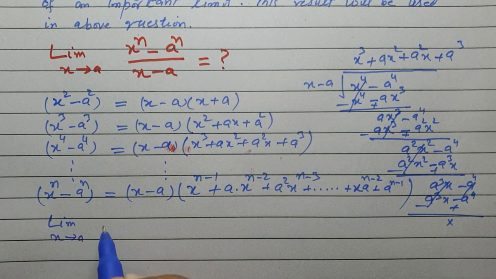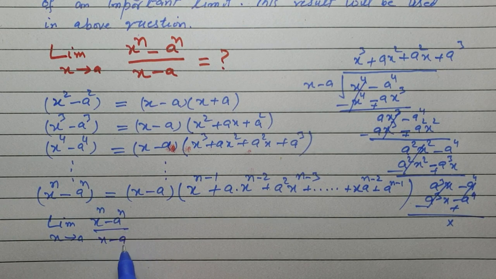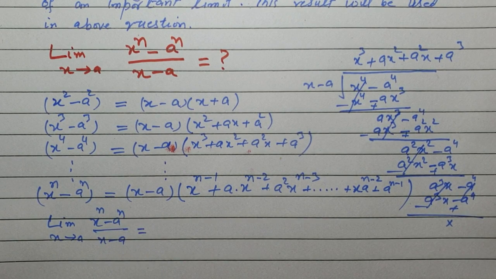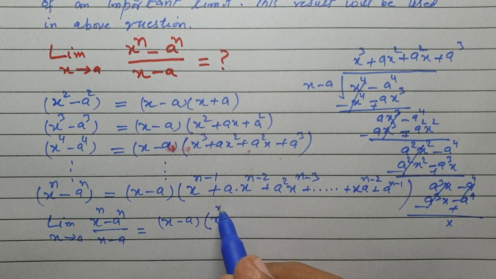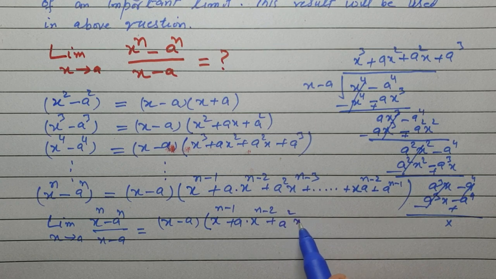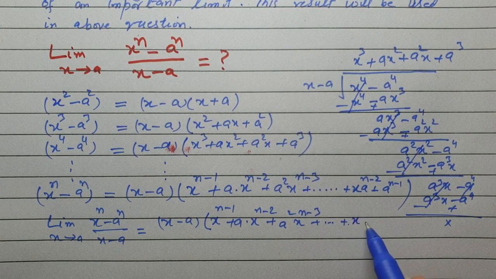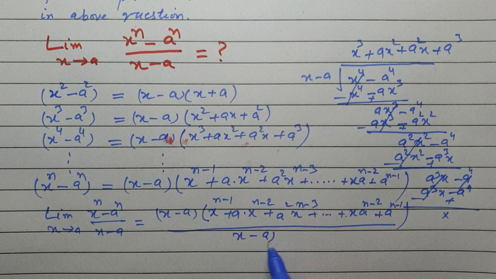Limit x tends to a, x^n minus a^n will be x minus a into x^(n minus 1) plus a x^(n minus 2) plus a square x^(n minus 3), and the last is x a^(n minus 2) plus a^(n minus 1), divided by x minus a.